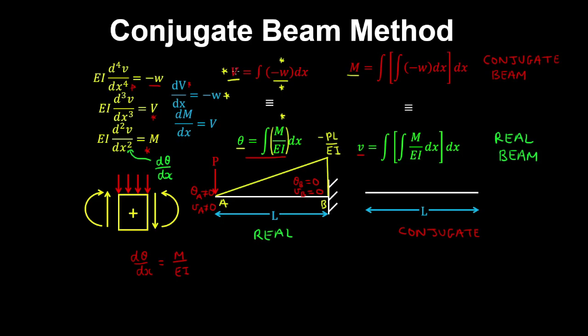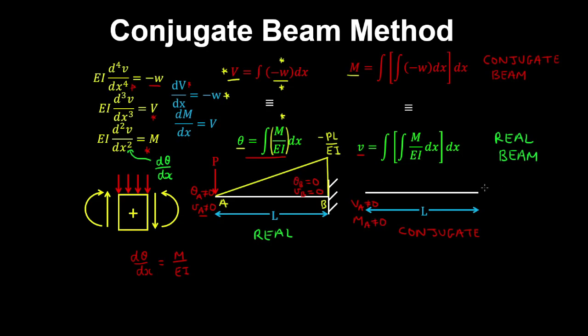And the shear force in the conjugate beam is equivalent to the rotation in the real beam. So that means the shear force at A is not equal to 0, and the bending moment in the conjugate beam is equivalent to the deflection in the real beam. So therefore in the conjugate beam, the bending moment at A must not be 0.